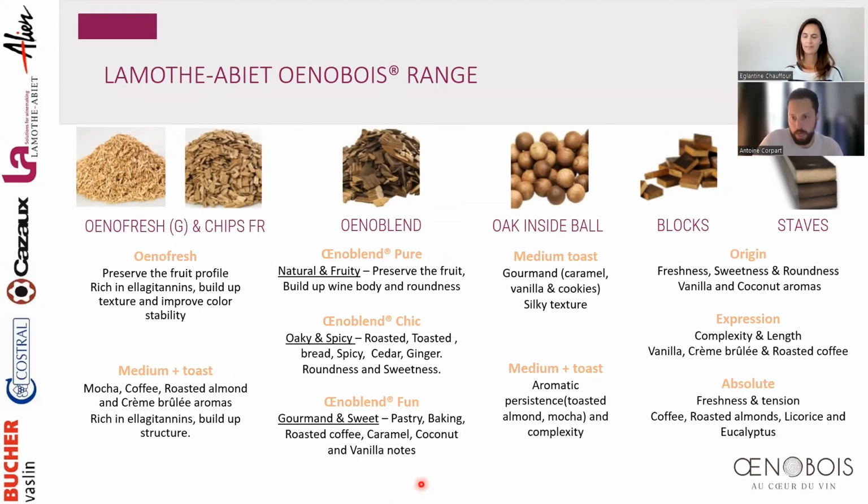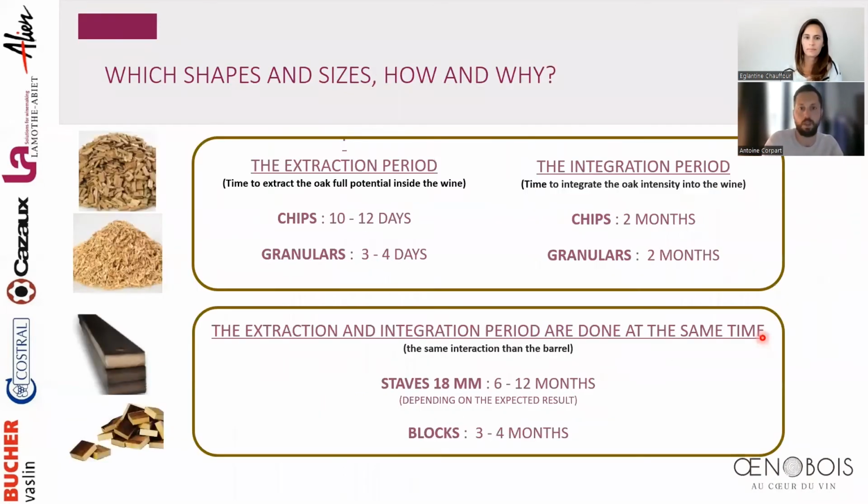So here we have the expression and absolute that we use the radiation heating to get more complexity. So we saw that we have different kinds of oak, but we have 2 different shapes and sizes.